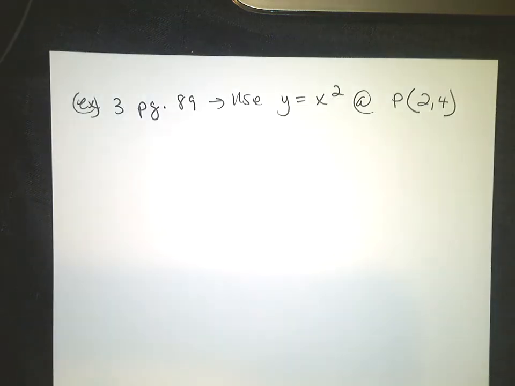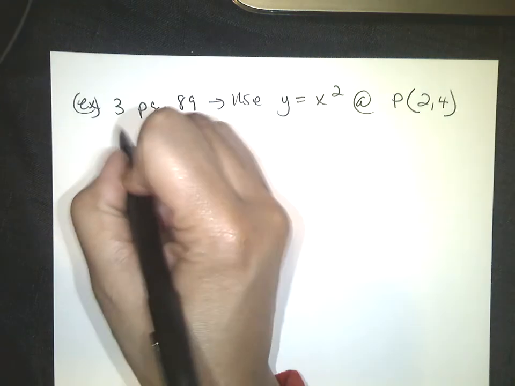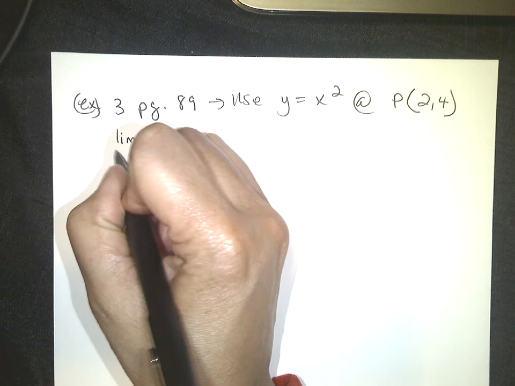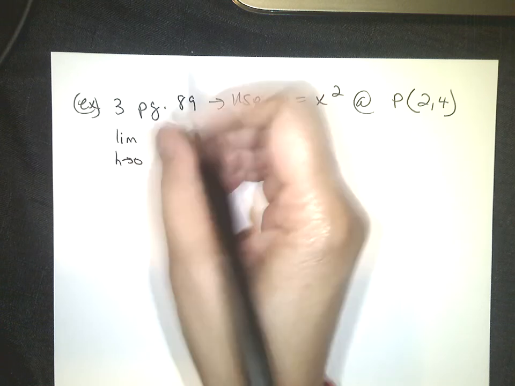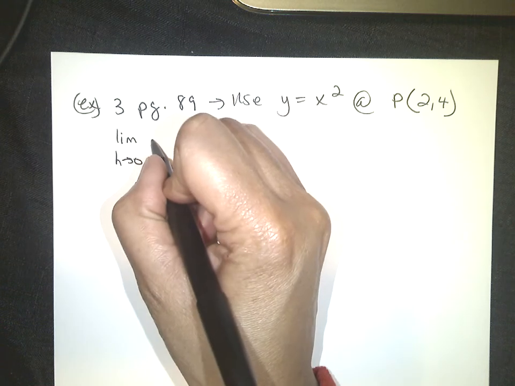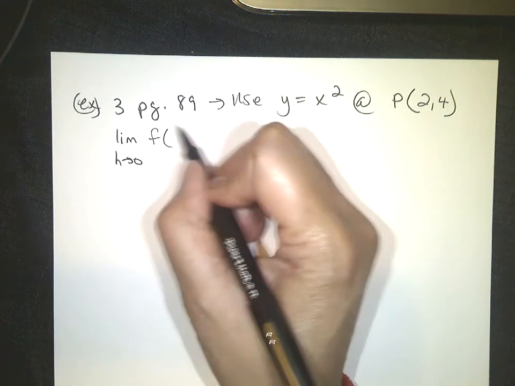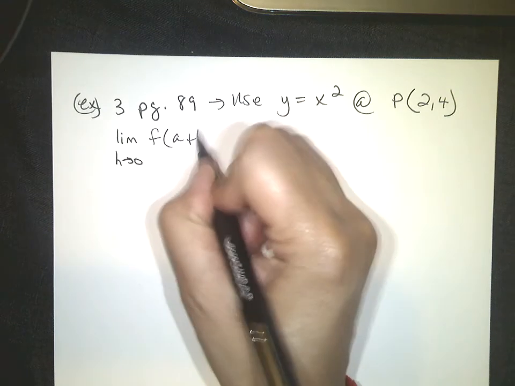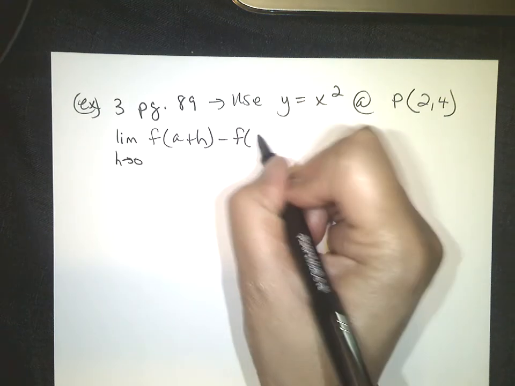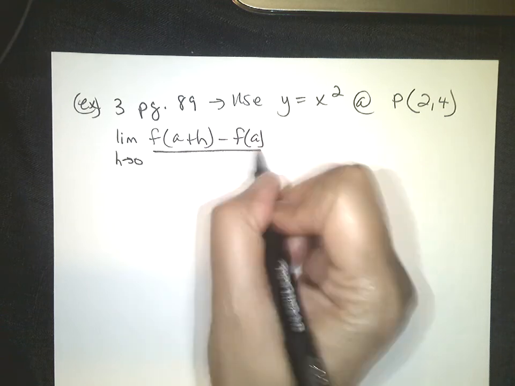And you're going to see how this is very similar to writing equations in Algebra 1. All right, so we write our difference quotient. It's the limit as h approaches 0 of f of a plus h minus f of a all over h.